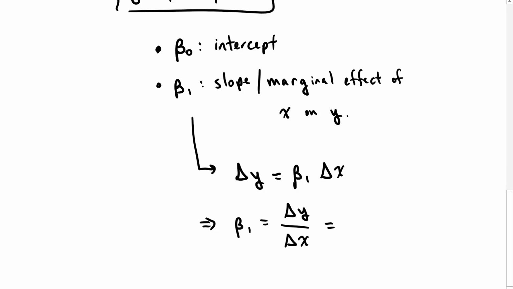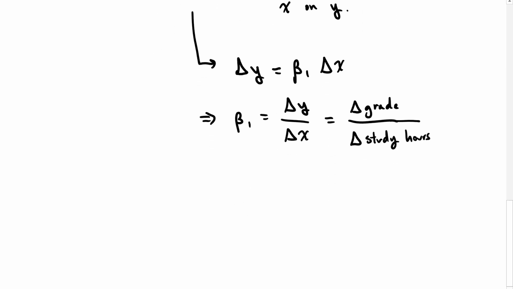For example, we could think about how the grade changes when the number of study hours changes. Okay, more on this beta effect, but we're going to look at it because most commonly we're not using one variable but multiple variables.